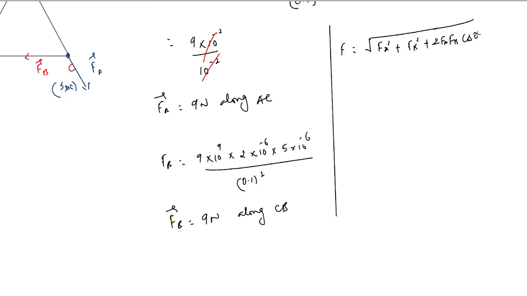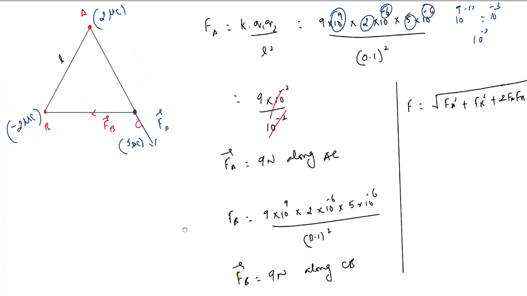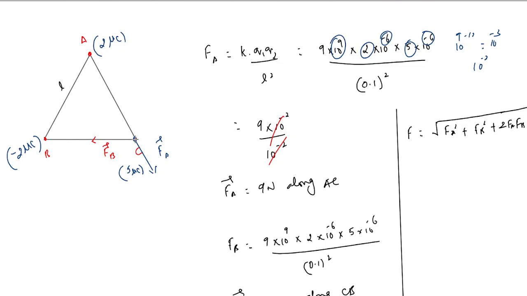The angle between these two is very important. Since the triangle has all sides same, it means the angle here is 60 degrees. Since AC is a straight line, this angle here would be 120 degrees, and then cos 120 degrees is minus half.